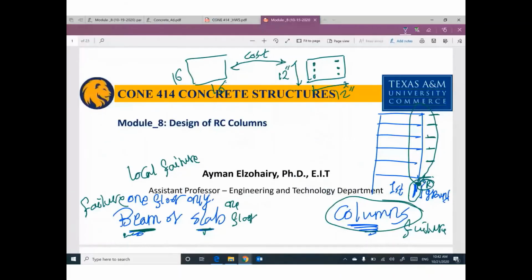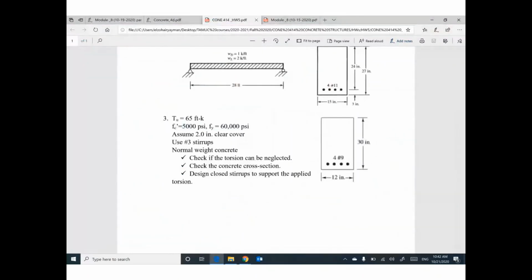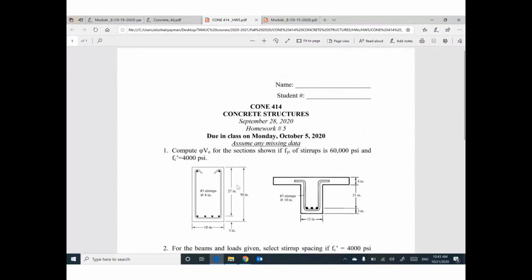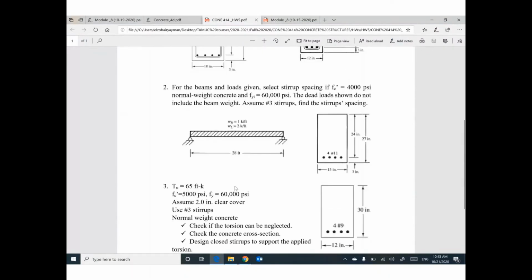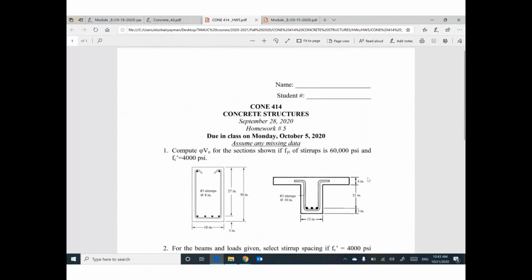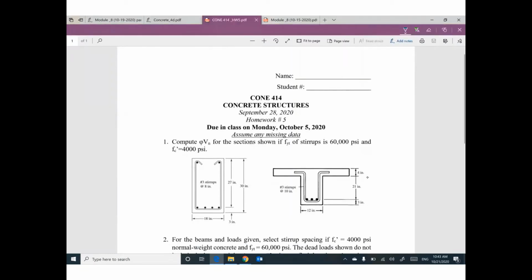Guys, for homework number 5, if you go back to this homework, most of you did something wrong here. Many mistakes. As I remember, Vn equals Vc plus Vs. Vc in pounds, Vs in pounds.